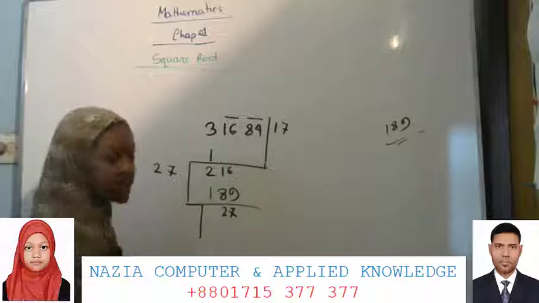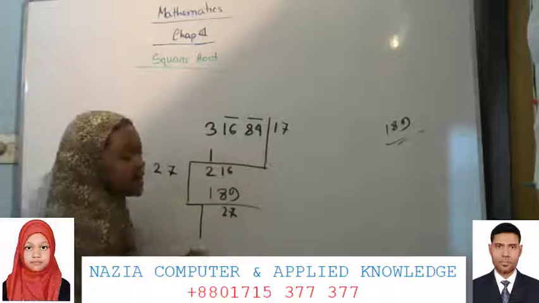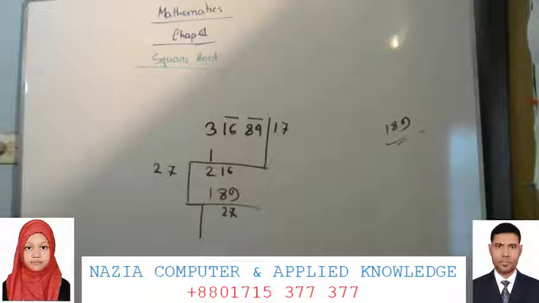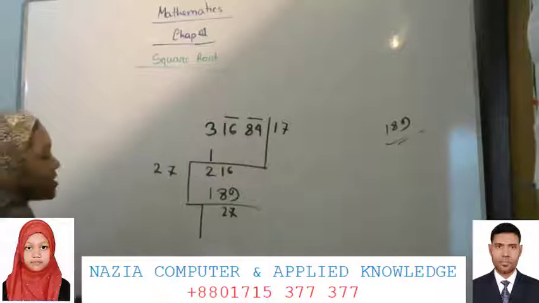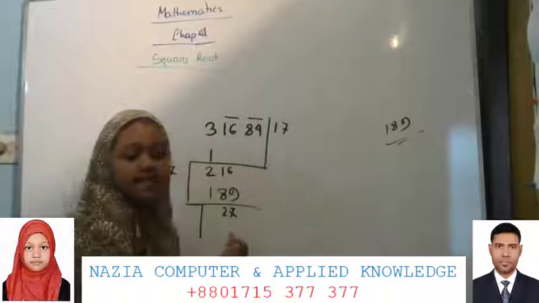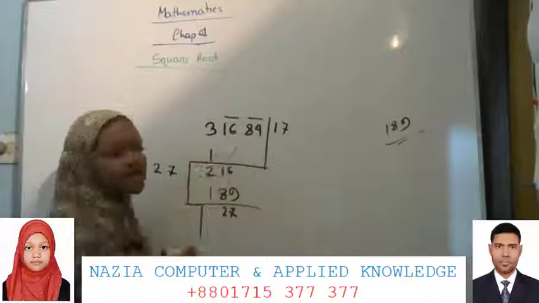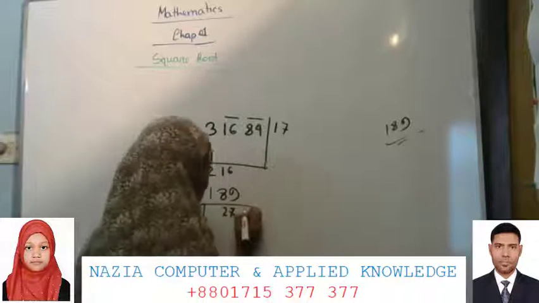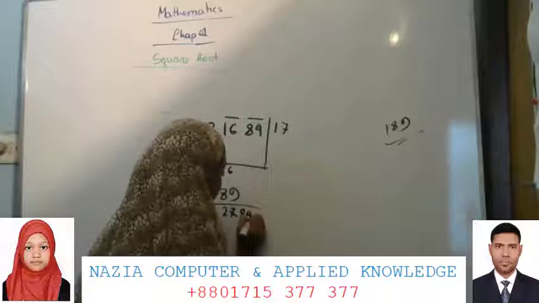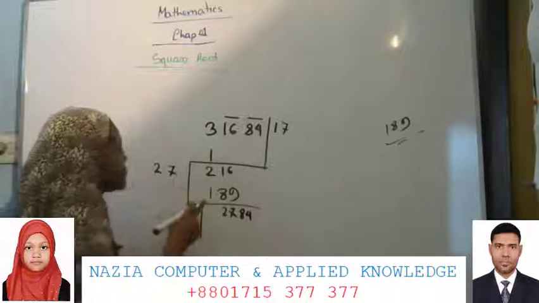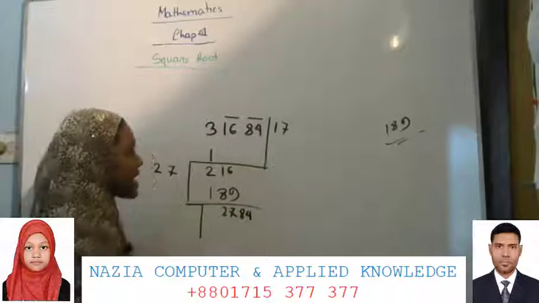Now let's see. So here comes 27. After that, we have to write the pair one, that is 84. And we have to double up the 17.